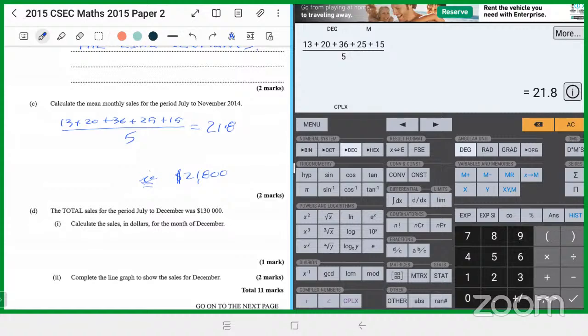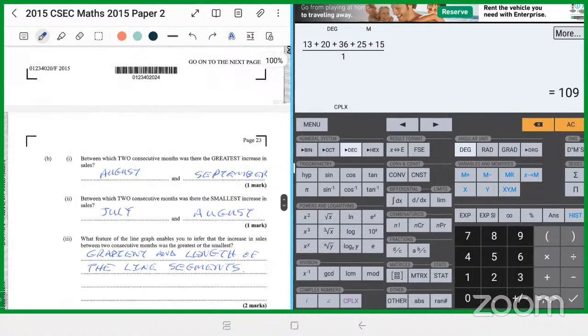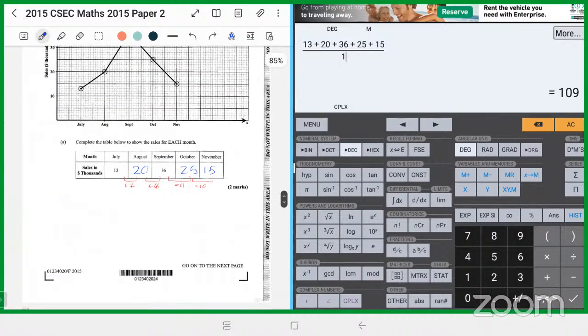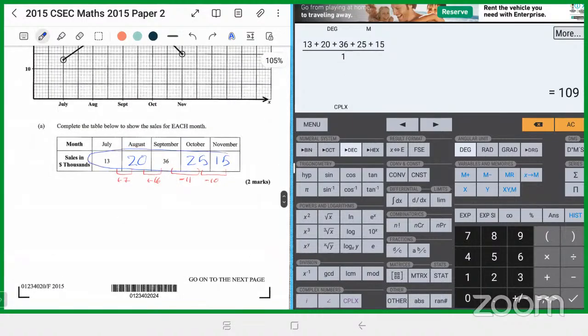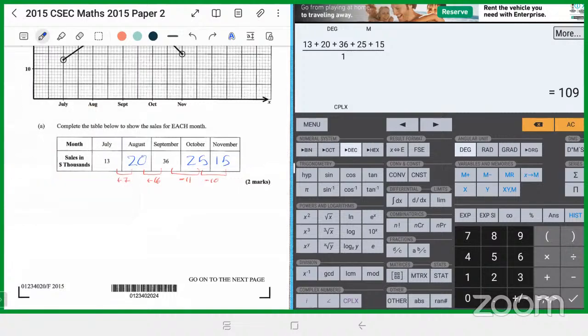So if I take the total of this calculation, it is 109. This up here is 109, right here. So this equals 109,000. But up to December is 130.